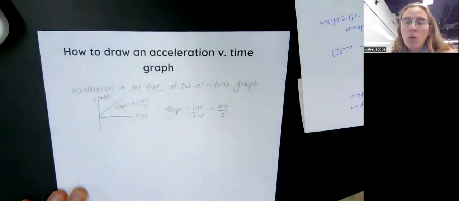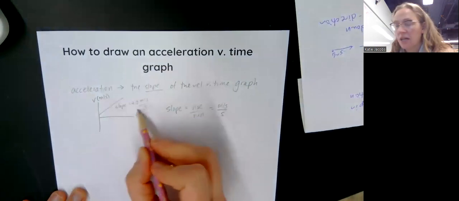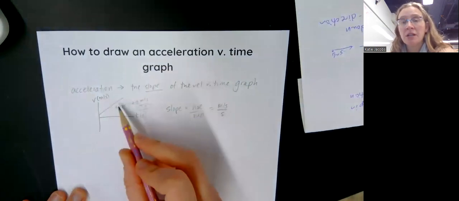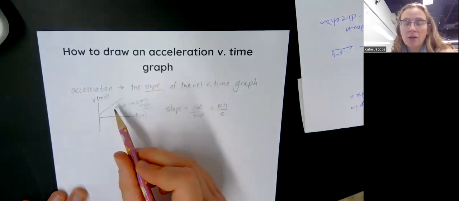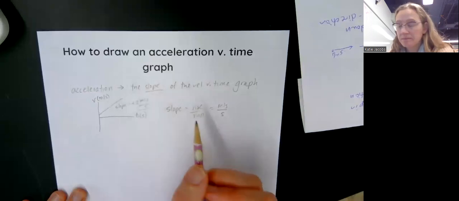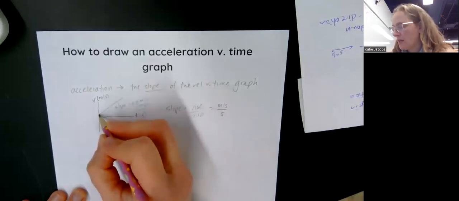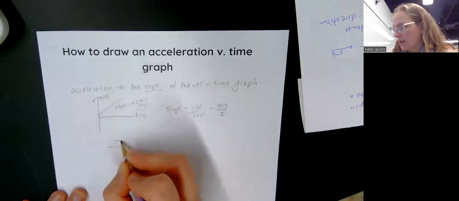What that means is that for every 1 second of time, the object is getting 2 meters per second faster. Another way to say that is it's getting 2 meters per second faster every second. Let's say it starts at 1 meter per second.